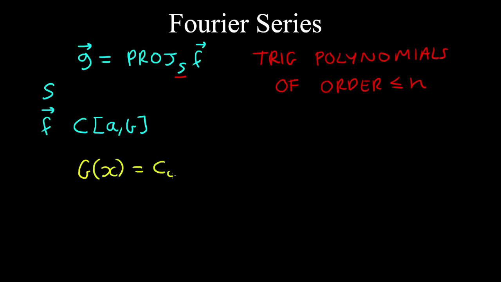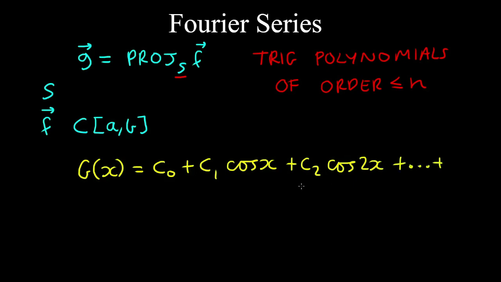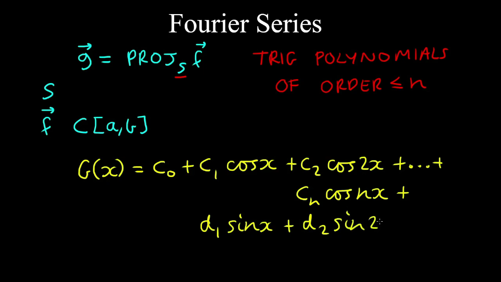So we have g of x is some constant plus c1 by cosine of x plus another constant c2 by the cosine of 2x, and so on up to cn by the cosine of nx, plus another constant d1 by sine of x, plus d2 by sine 2x, and so on up to dn by the sine of nx.